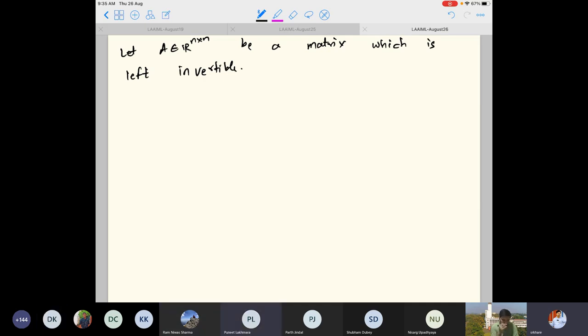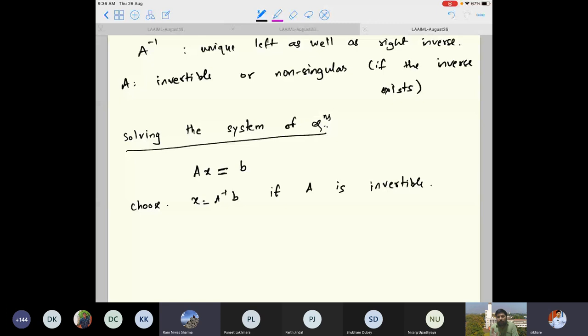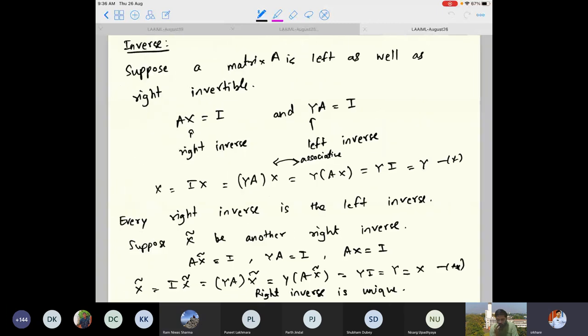But since the dimensions are the same, we can say it is also right invertible. But strictly speaking, how will you do that? It's a square matrix, so left inverse is equal to right inverse. No. So that is the mistake that you should avoid.